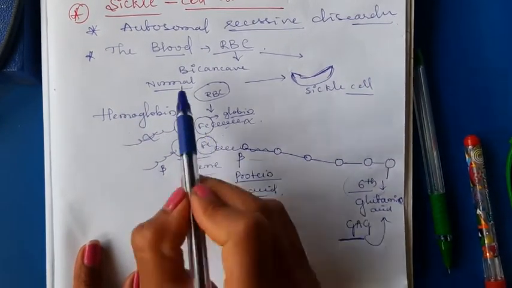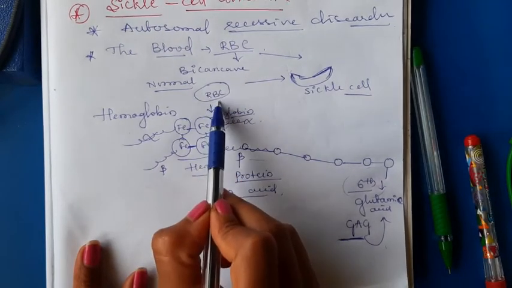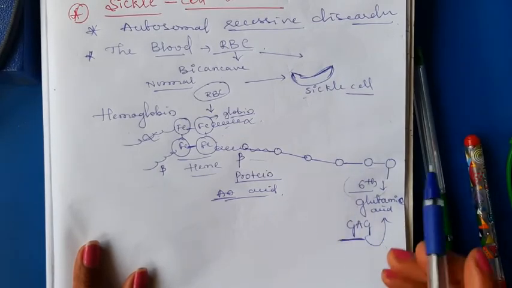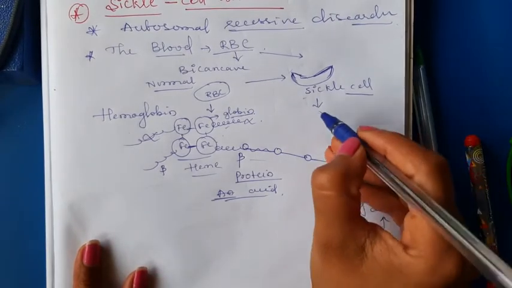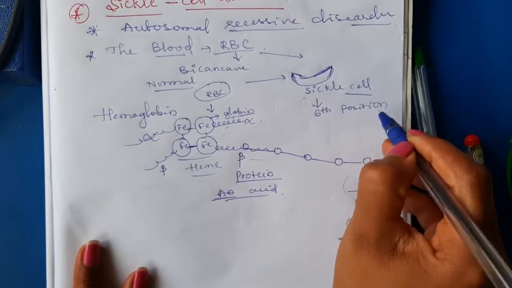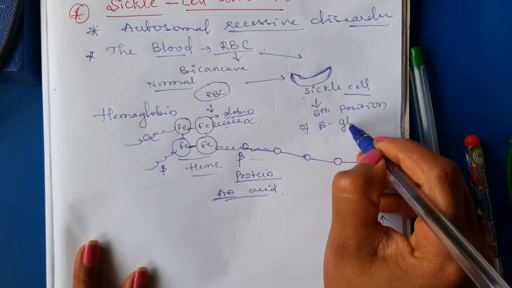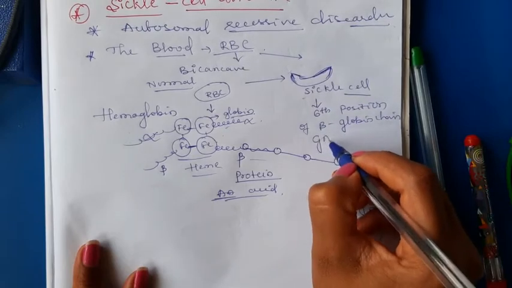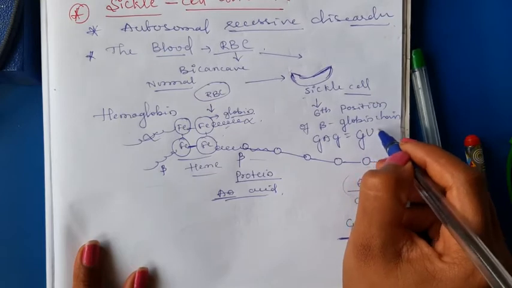That's why the normal shape of the RBC is maintained. But due to the sickle cell anemia condition, the 6th position of the beta globin chain changes from GAG to GUG.